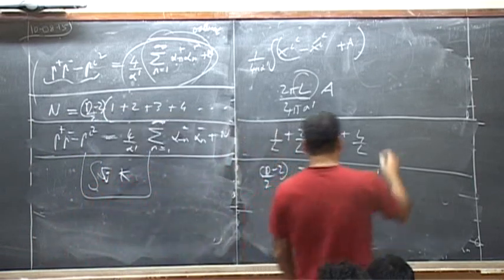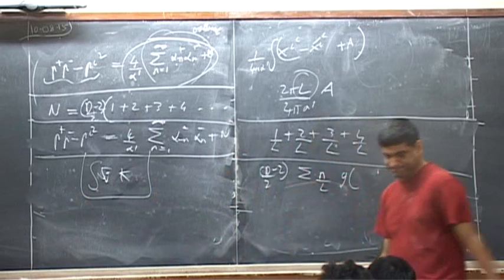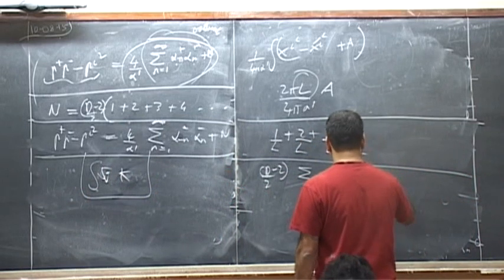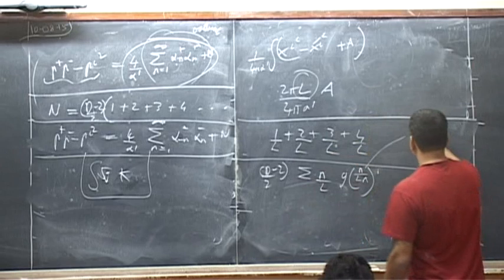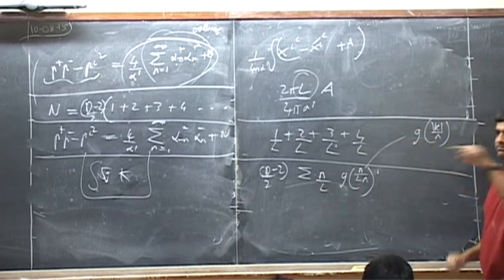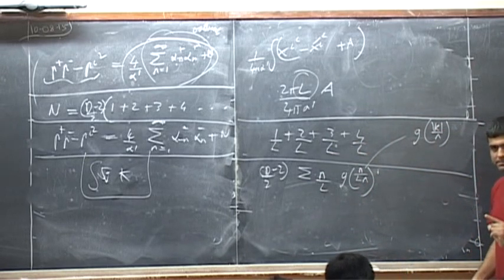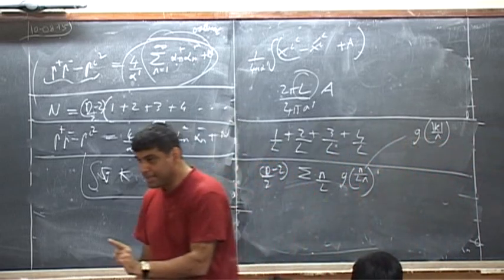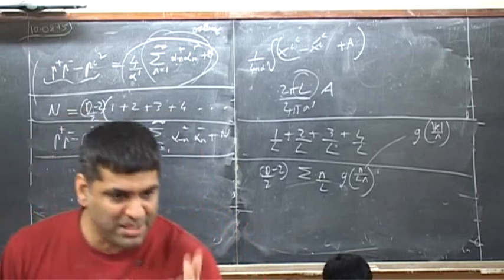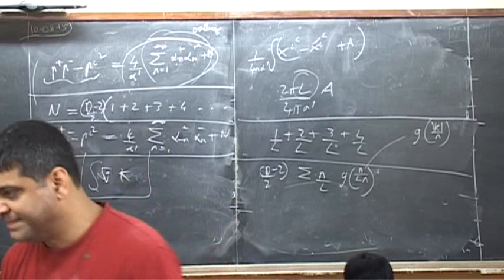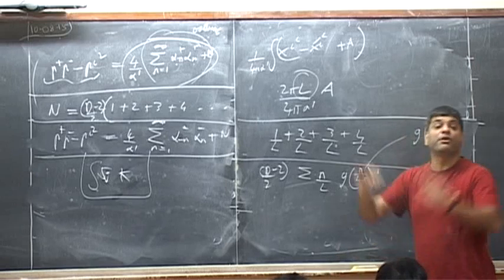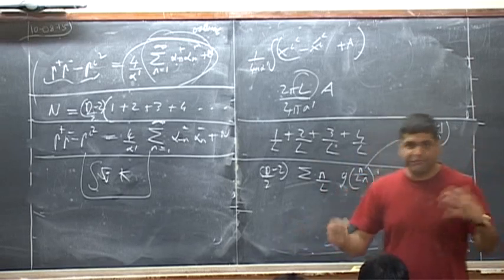Suppose we multiply this by some g of n by L lambda, which is equal to g of mod k by lambda, where k is the momentum in the mode. We want to use the same regulator and same cutoff for circles of different sizes. The way to do that is to tune your regulator to absolute distances, not think in terms of n. Had you said this was g of n, this would be wrong, because that would be using a different cutoff, a different regulator scheme, for different circles.